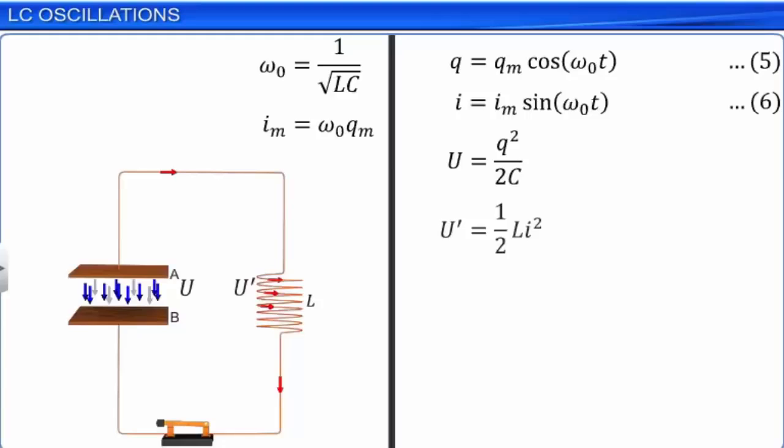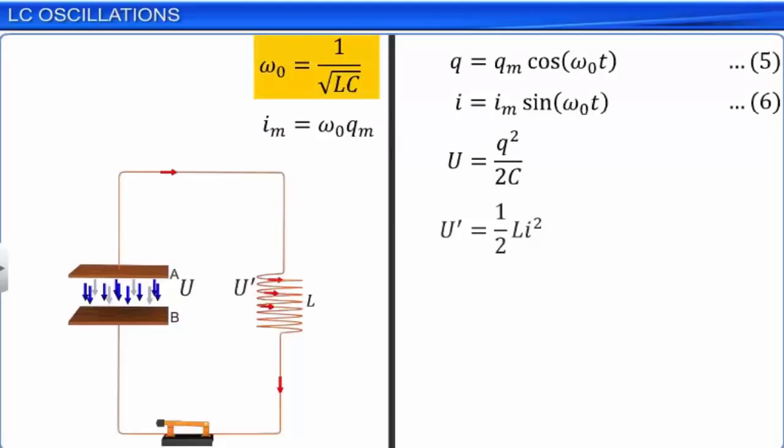The current I is equal to Im sin 𝜔0t, where Im is equal to 𝜔0 Qm, and 𝜔0 is equal to the square root of 1/LC. Rearranging 𝜔0 in the expression, we get L is equal to 1/𝜔0²C.